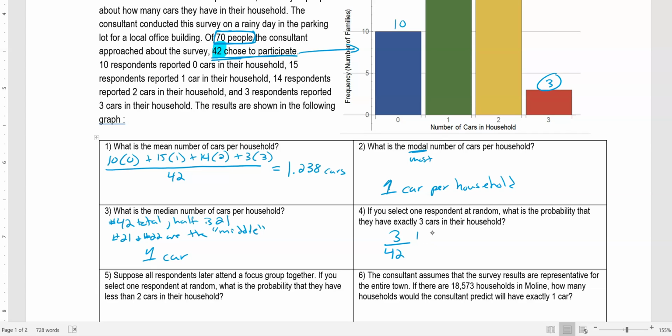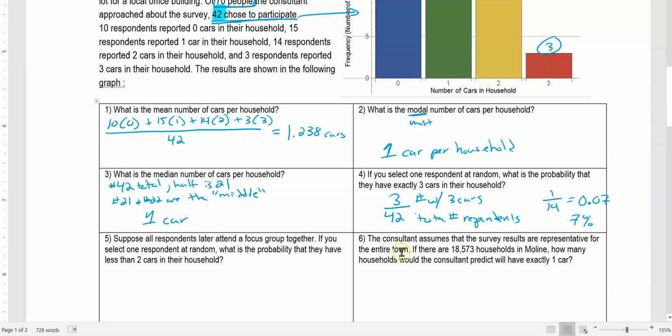This is the number with 3 cars, and this is the total number of respondents. So that gives us 1 over 14, which is the same as 0.07, or you could say 7%. Usually for probability, we just leave it as a decimal. You don't have to turn it into a percent necessarily.